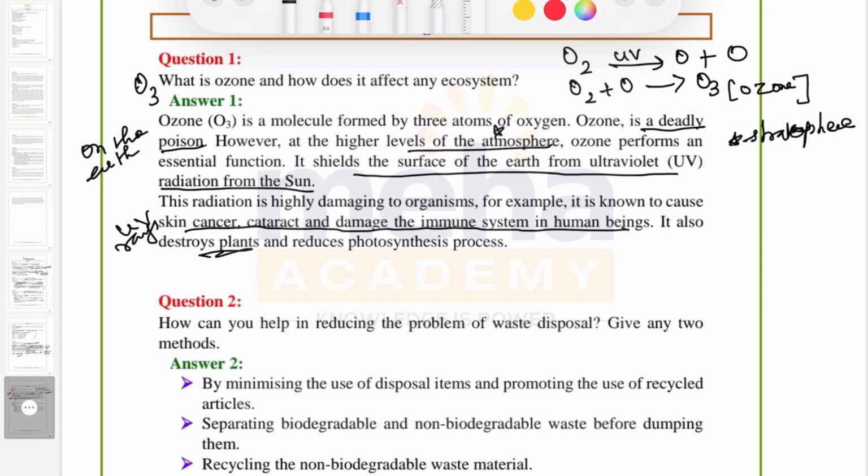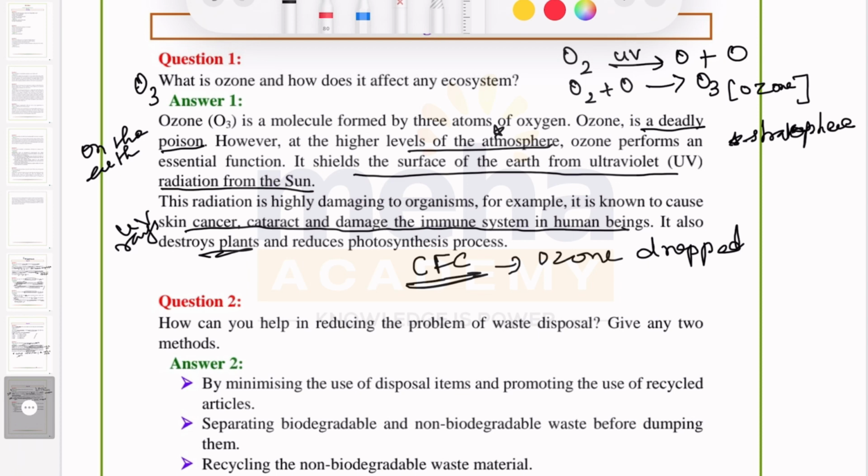What was the main reason the ozone level dropped? The level of ozone started decreasing because of a compound called chlorofluorocarbon. Because of this, the ozone level dropped and it cannot protect us from UV radiation. So the usage of chlorofluorocarbons was banned.